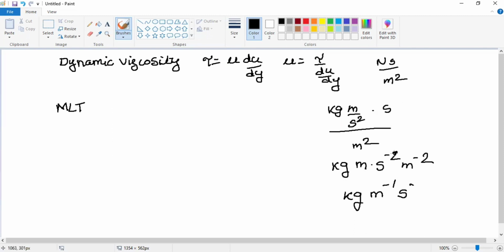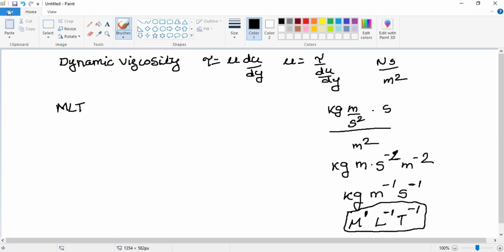So in MLT, mass has a power coefficient of 1, length has minus 1, and time has minus 1. This is the dimensional formula for dynamic viscosity.